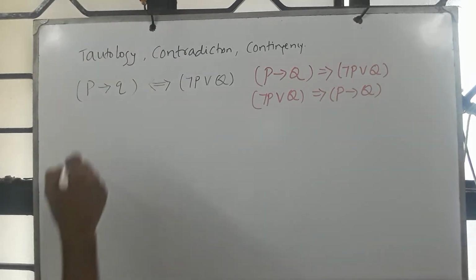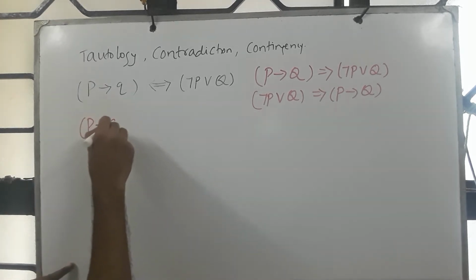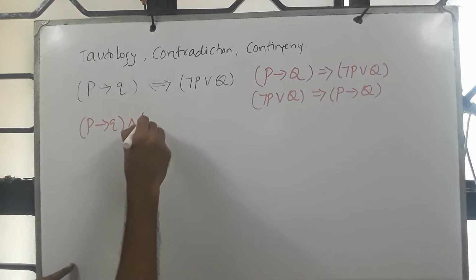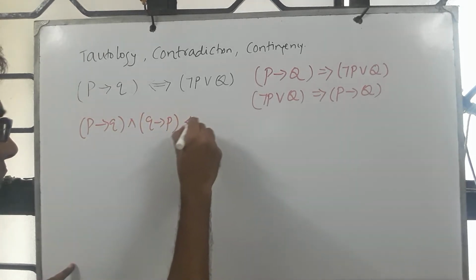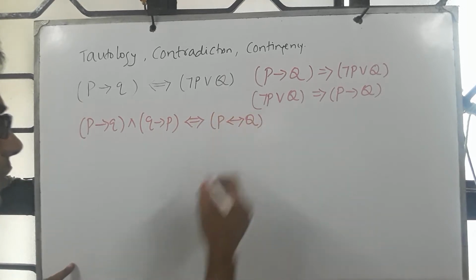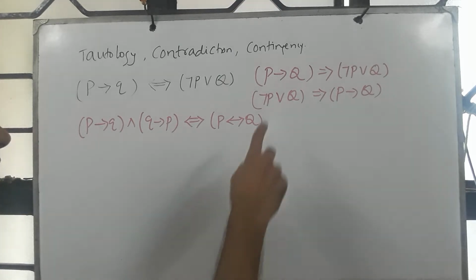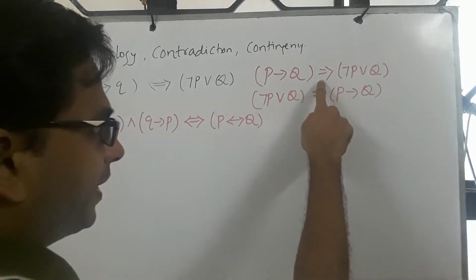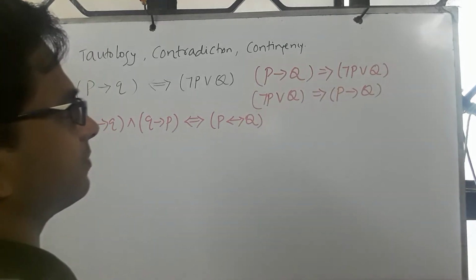And we also looked at P implies Q and Q implies P is equivalent to saying P biconditional Q. And if P implies Q implies negation P or Q is a tautology, then we write like this.